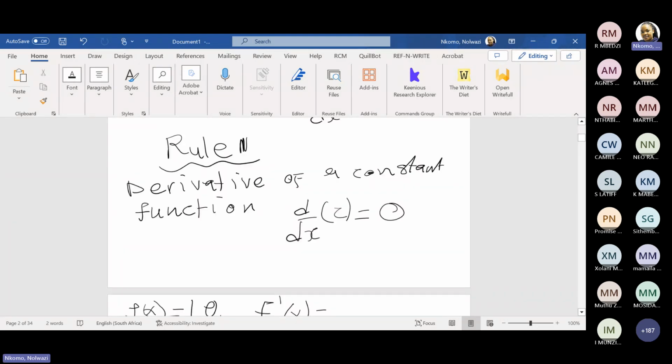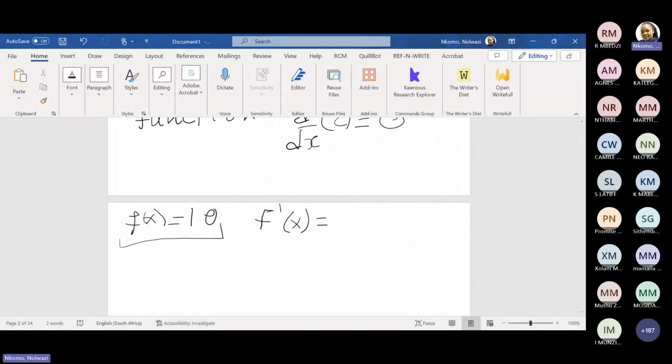You know that the derivative of a constant is 0, from rule 1. So you can simply say this is 0. Again, you are given f of x and asked to find the derivative of hundreds. Hundreds is also a constant, so again we say f prime of x is 0. Okay, that is our rule 1.